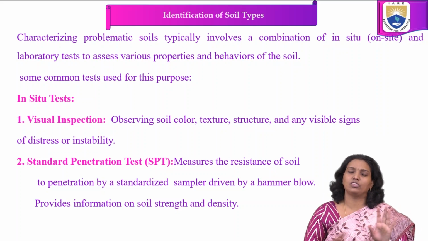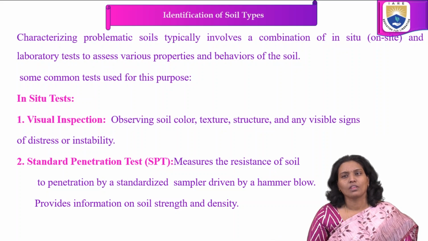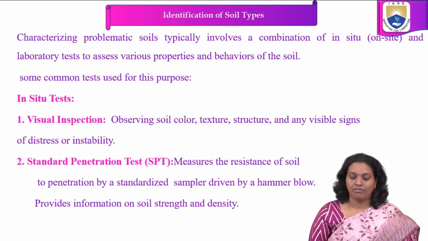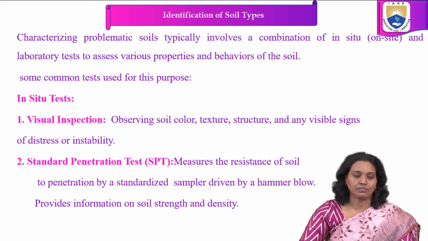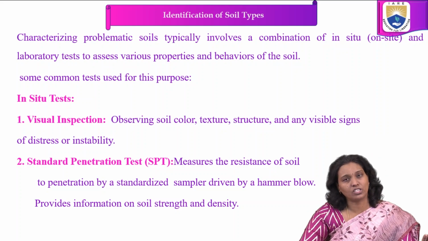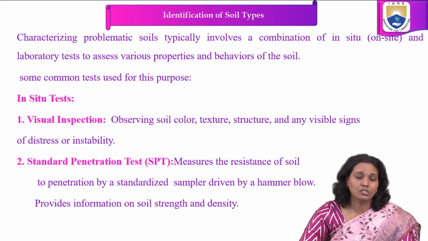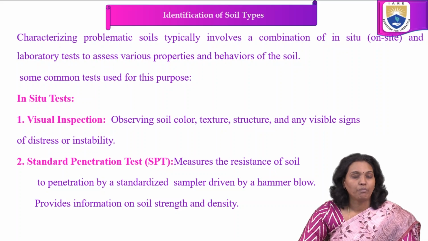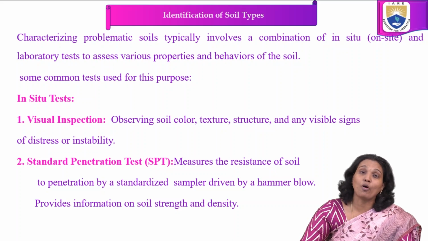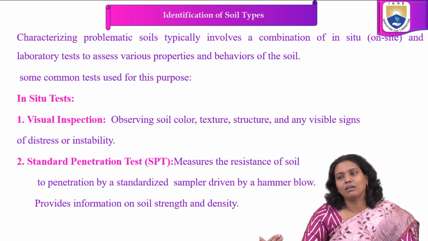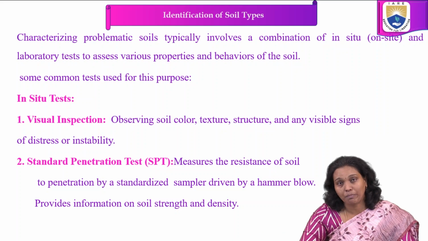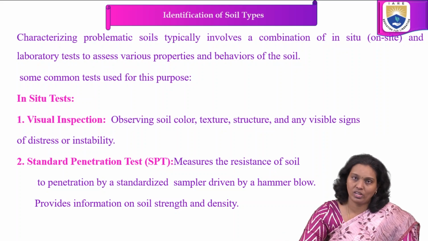This is done without using any chemicals, materials or equipment. When we go to a site where we are going to do project or construction work, we inspect the site first, and based on the visual inspection we understand which category the soil belongs to. It improves day by day, and based on the experience of the person it gives better accuracy.